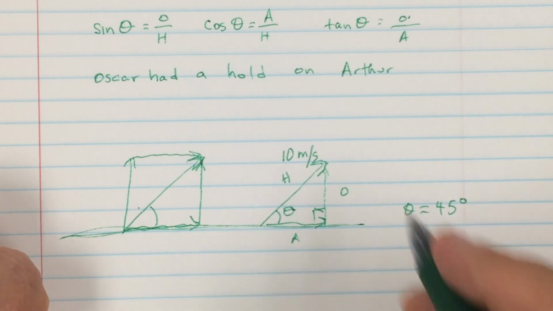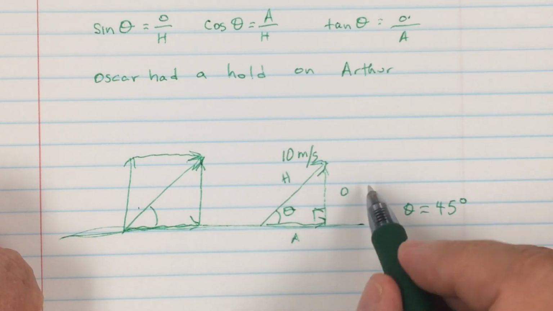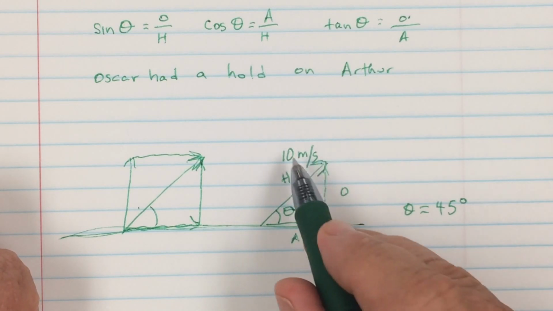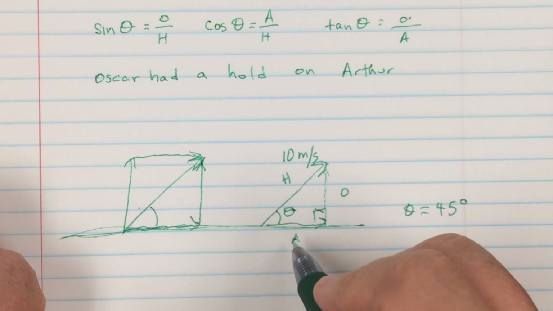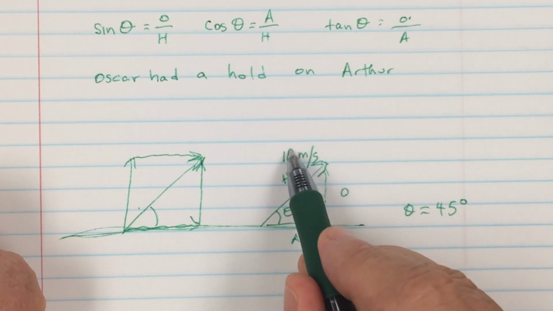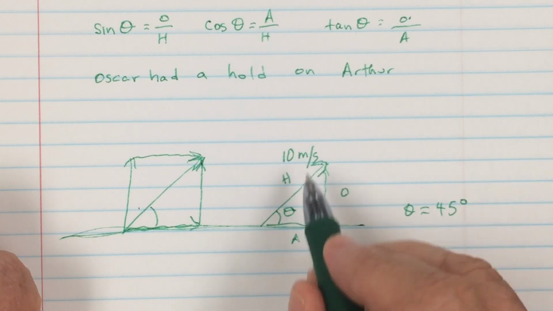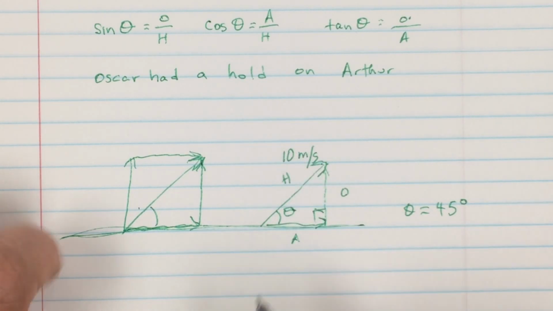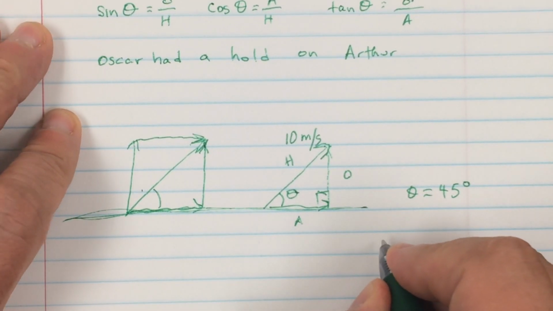That's a speed. So I know a number here. So I don't want to use O and A, because then I won't use 10. I want to use my number. So anything that involves 10 is going to be O over H, opposite over hypotenuse, that's sine of theta, or A over H, adjacent over hypotenuse, that's cosine of theta. I could use either one, it doesn't matter. I'm going to use the first one because it comes first.